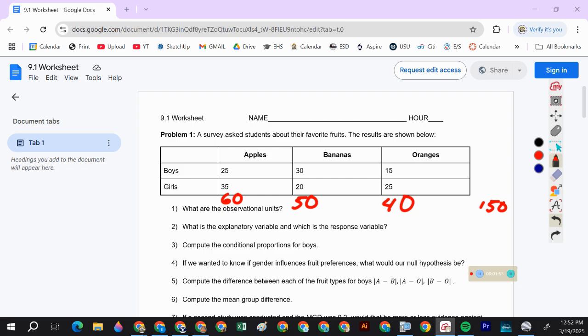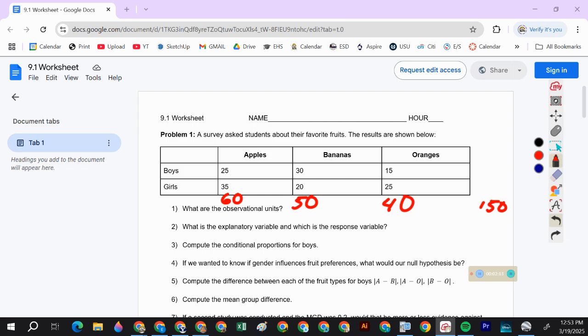So here, what are the observational units? We talk to students. And what is the explanatory variable, which is the response? In this case, we're asking, does gender influence fruit preference?